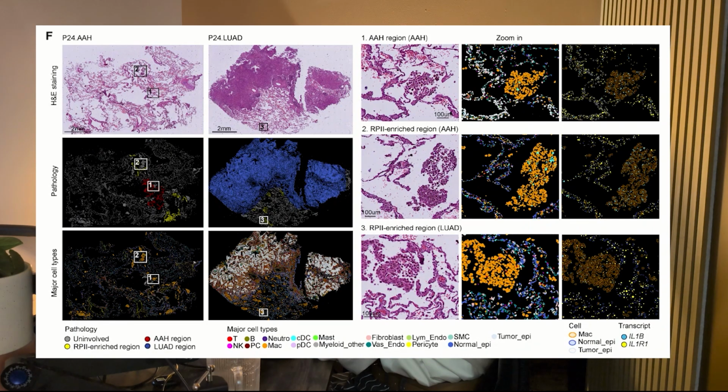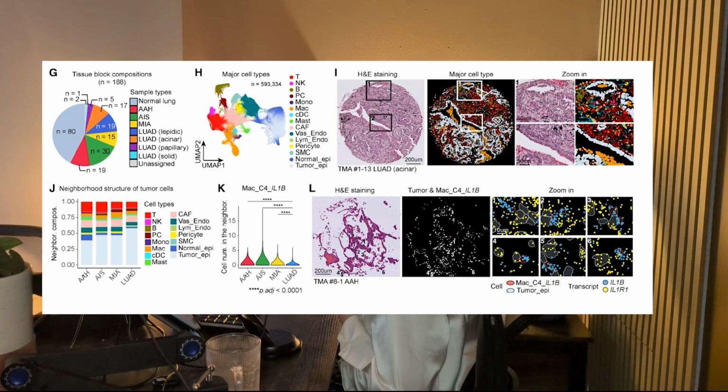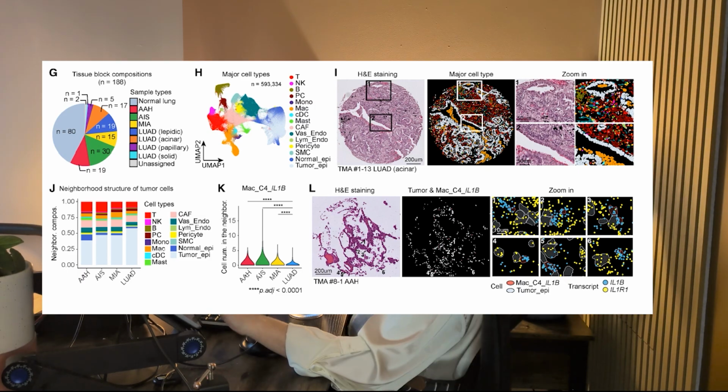Panel 5F visualizes the key interaction. Precursor epithelial cells and reactive pneumocytes express IL-1R1, and they sit immediately adjacent to macrophages expressing IL-1 beta. Panels 5G through 5L validate this in an independent cohort.